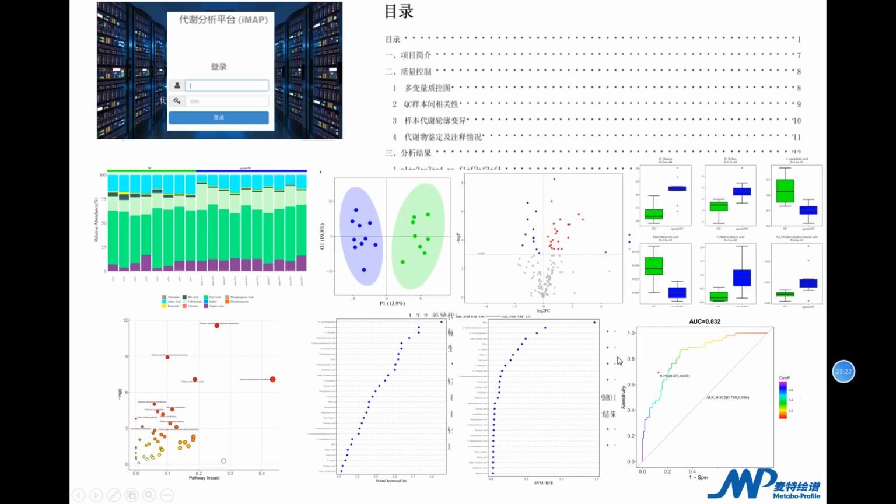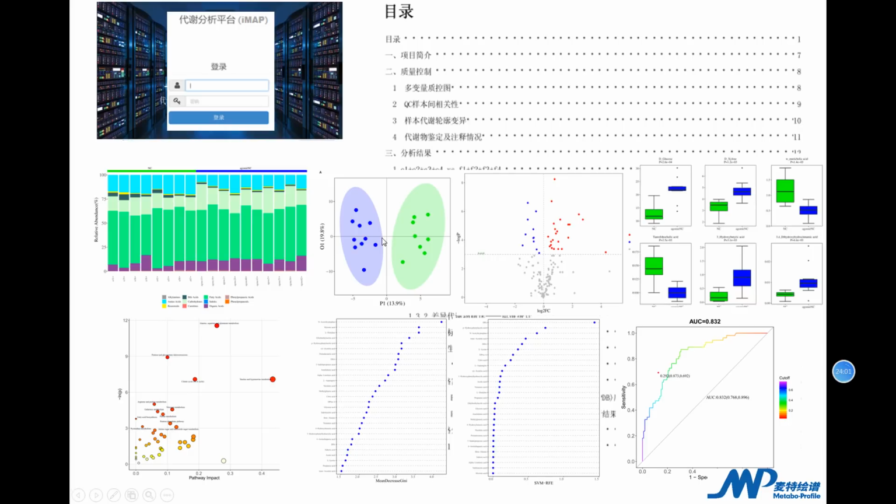We also provide IMAP cloud platform for subsequent omics analysis. Our cloud platform includes common omics analysis like multi-dimensional PCA, PLSDA, OPLSDA, and single-dimensional statistical tests such as t-test, u-test, variance analysis, and pathway analysis, including enrichment analysis, topological analysis, and diagnostic analysis.